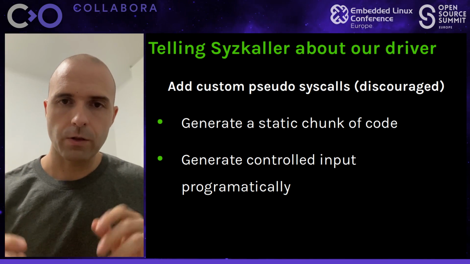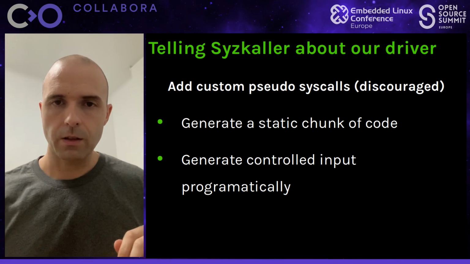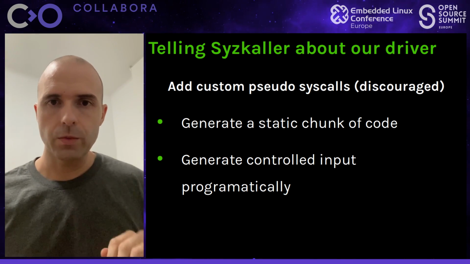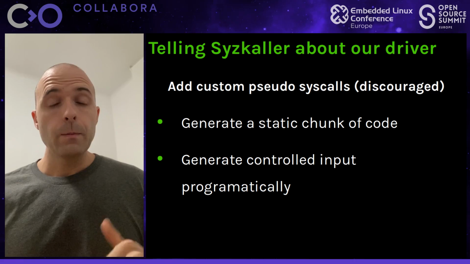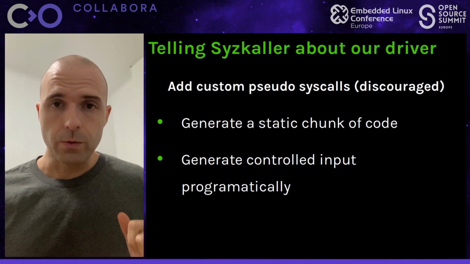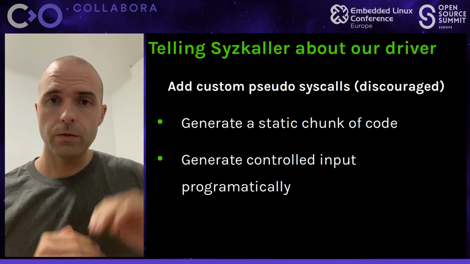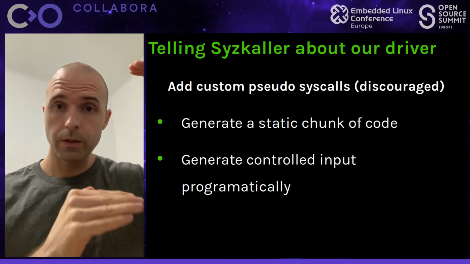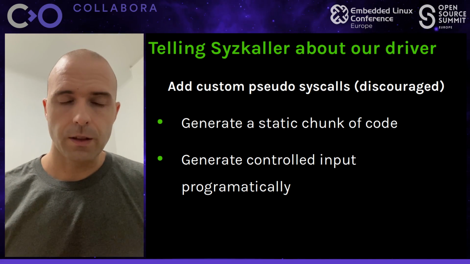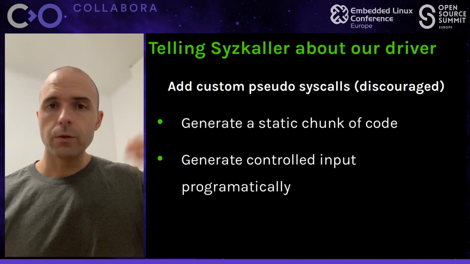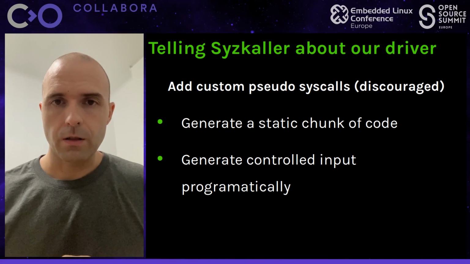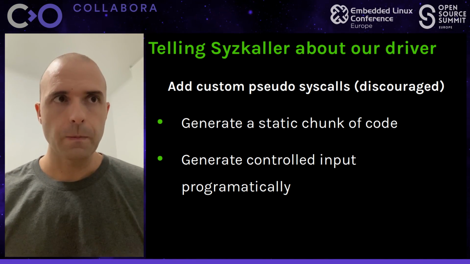It's just an instruction, and whatever instructions are needed to generate the input data, and that's it. But when it decides to use a pseudo-syscall, it takes the whole block of code and outputs it in the test program using whatever parameters are needed in any case.